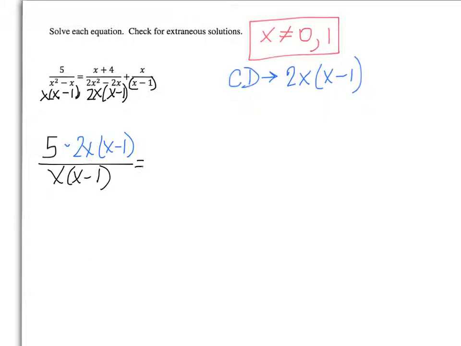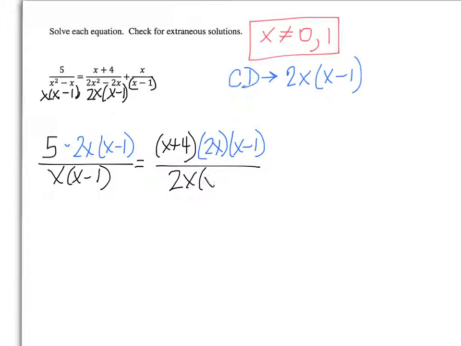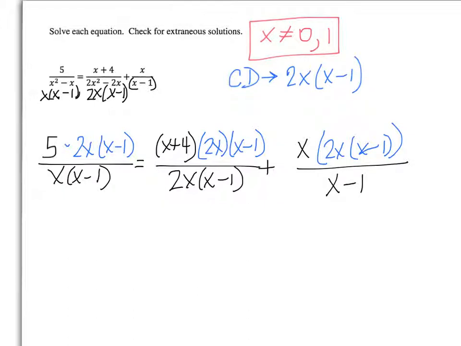Equal to x plus 4 times 2x, x minus 1, over 2x, x minus 1, plus x times 2x, x minus 1, over x minus 1.